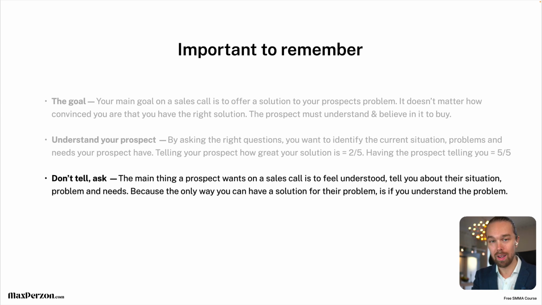And the worst experience you can have as a buyer on a sales call is when the sales rep doesn't allow you to tell them what you're looking for. When you come on a sales call and you're going to buy something, the first thing you want to do is just tell the salesperson what problems you have, what needs you have, what you're looking for, and then you want the salesperson to create a custom solution for you, right?